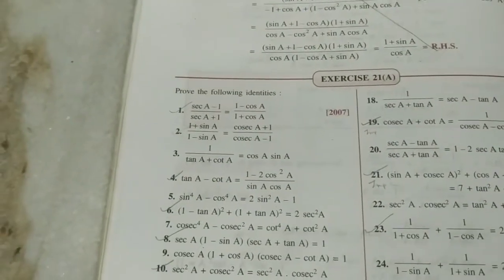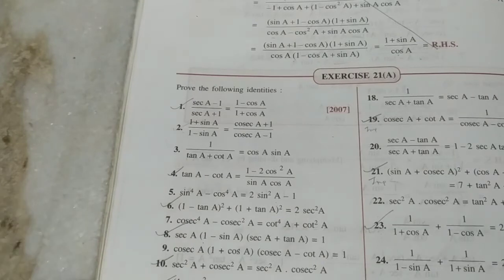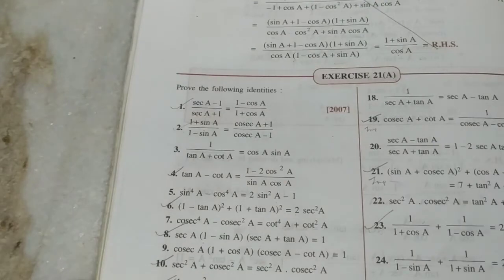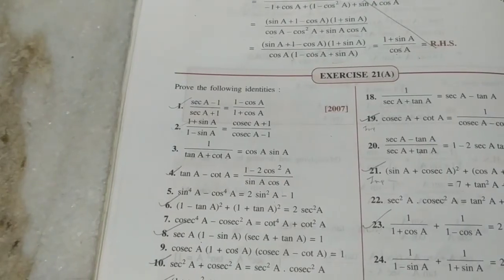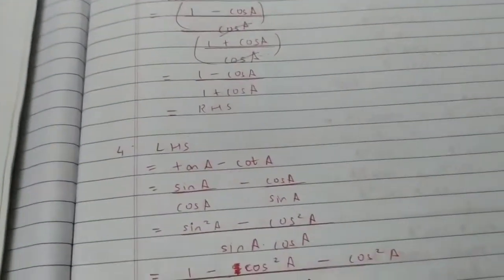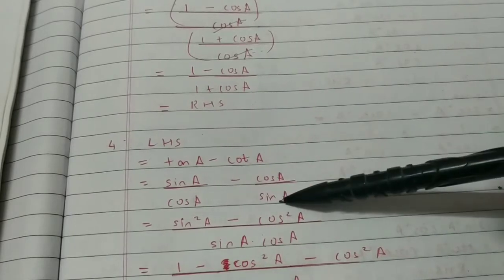Now the fourth sum. Tan A minus cot A is equal to 1 minus 2 cos square A upon sin A cos A. We'll start with LHS and we'll convert the tan and cot in terms of sine and cos. So the definition of tan A is sine upon cos and cot A is cos upon sine.